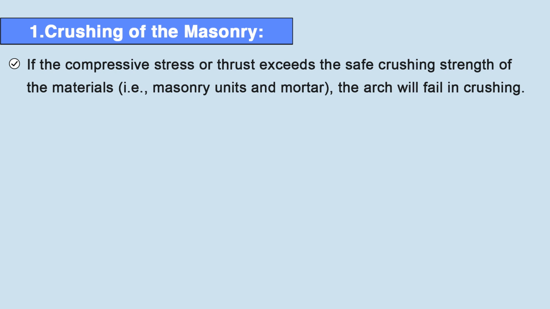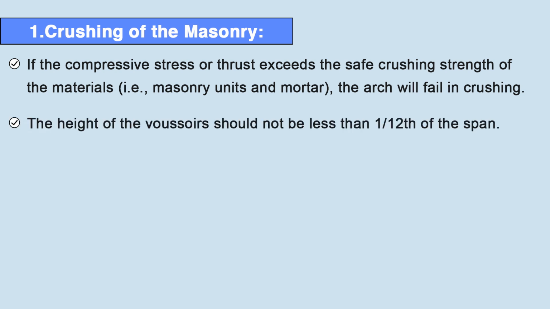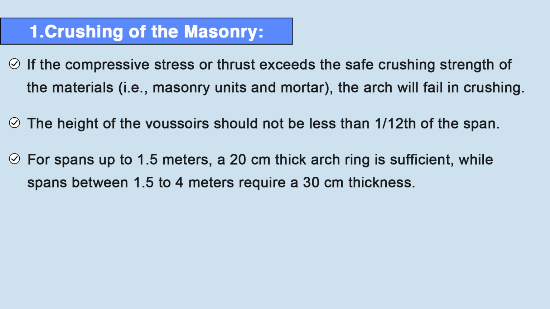Therefore, the material used for construction should have adequate strength and the size of the voussoirs should be designed to bear the transmitted thrust. The height of the voussoirs should not be less than 1/12 of the span. For a span up to 1.5 meters, a 20 centimeter thick arch ring is sufficient, while a span between 1.5 to 4 meters requires a 30 centimeter thickness.